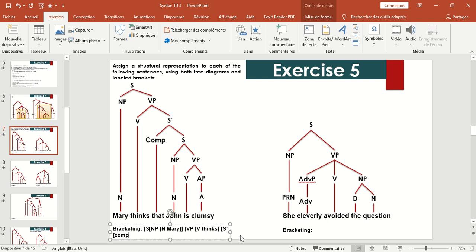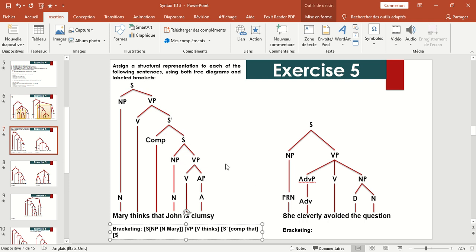So if you do not have space, it's okay to go back to the line. Then inside comp, it is that. Then we close the complementizer and we open the embedded sentence here.